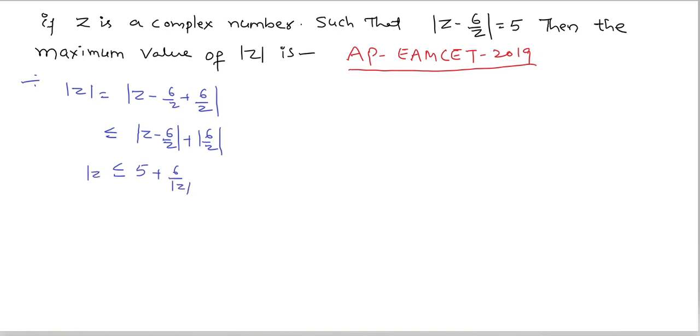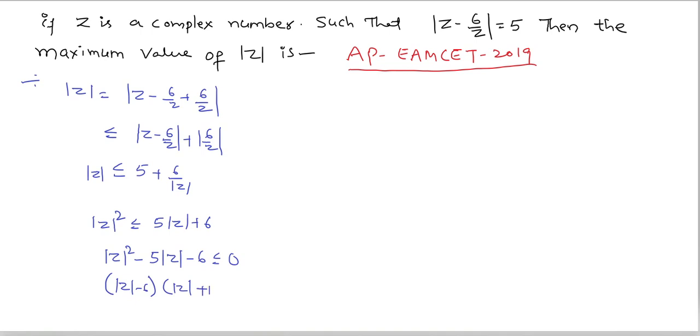So mod z, taking LCM, that is mod z square, is less than or equal to 5 mod z plus 6. So mod z whole square minus 5 mod z minus 6 is less than or equal to 0. So that is mod z minus 6 into mod z plus 1 is less than or equal to 0.